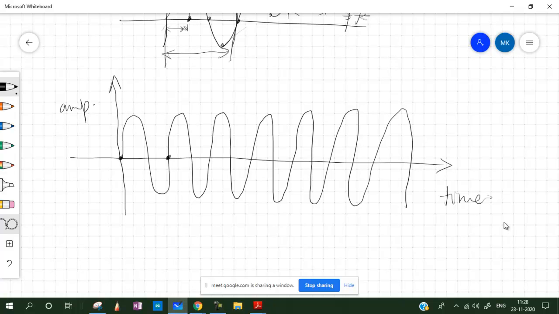what happens is, suppose we take some points here, here, maybe somewhere here, another point here, somewhere at this point, at this point. So what we have done is we have taken some samples according to this time interval.